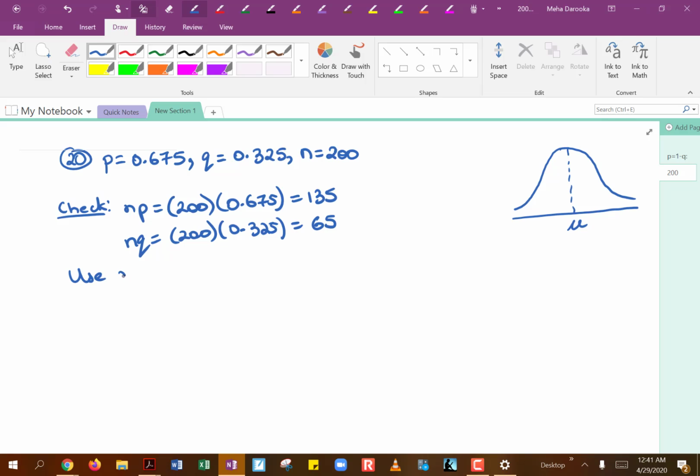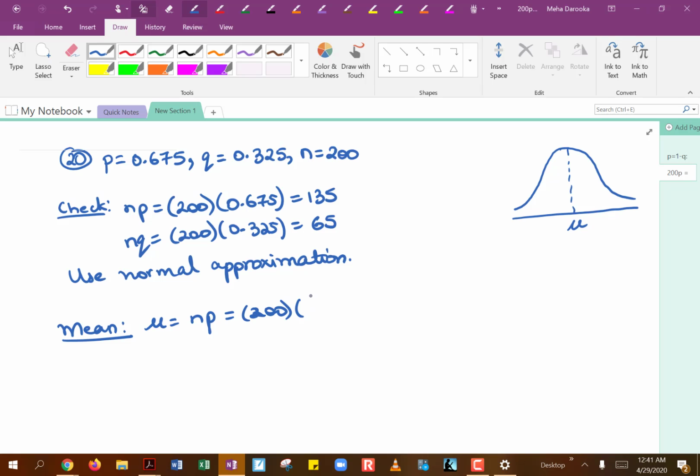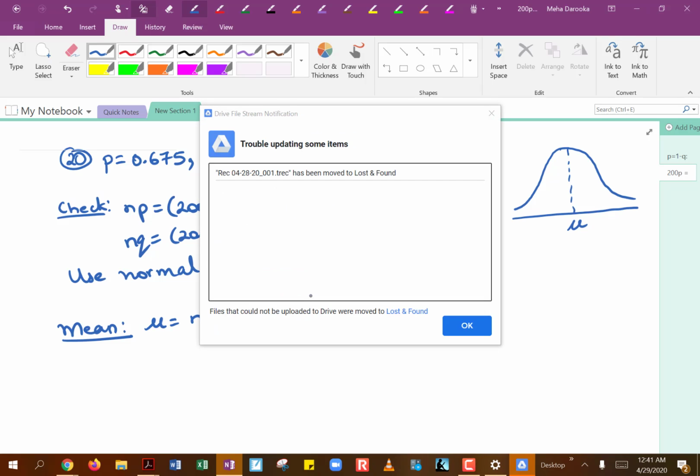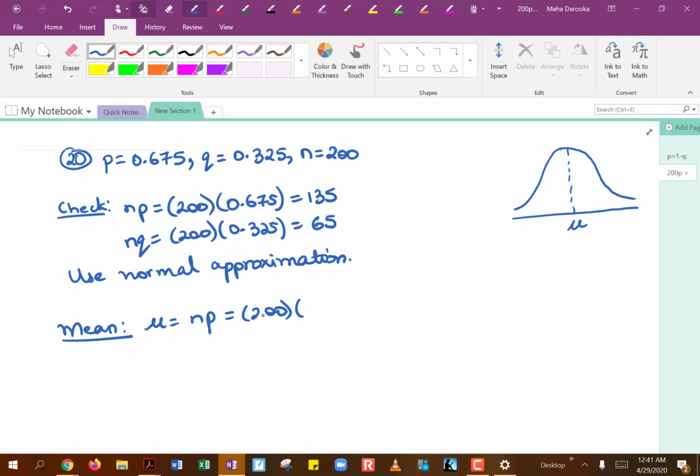So of course the first thing we do is find the mean, which is our n times p value, and we've already done this calculation. This comes out to be 135. Now let's do standard deviation. So that's sigma, the square root of n times p times q.